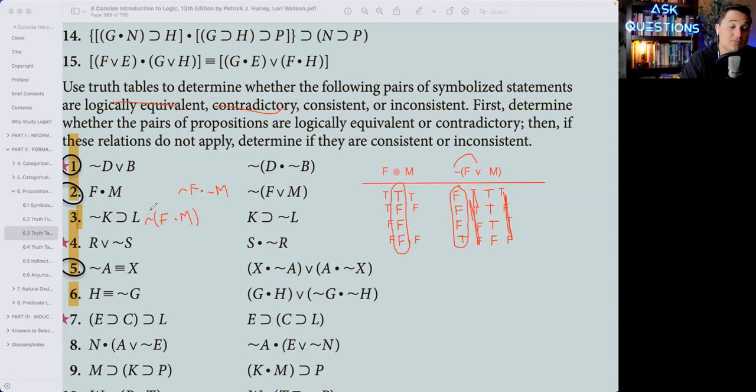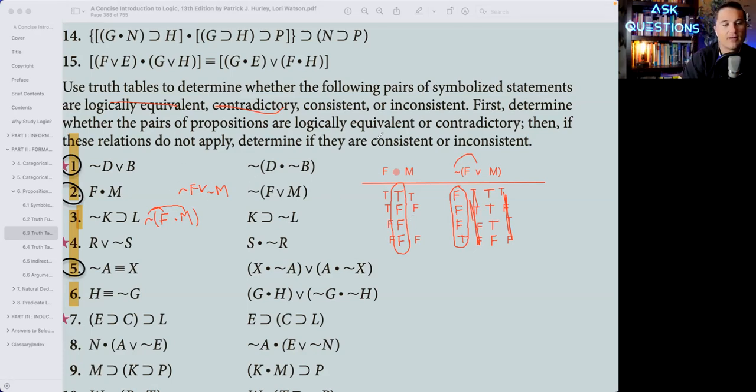And then when you do De Morgan's on that, you're not going to get this. You're going to get it with the wedge. So if we either change this wedge to a dot, then it would be self-contradictory. Or if we just had this.